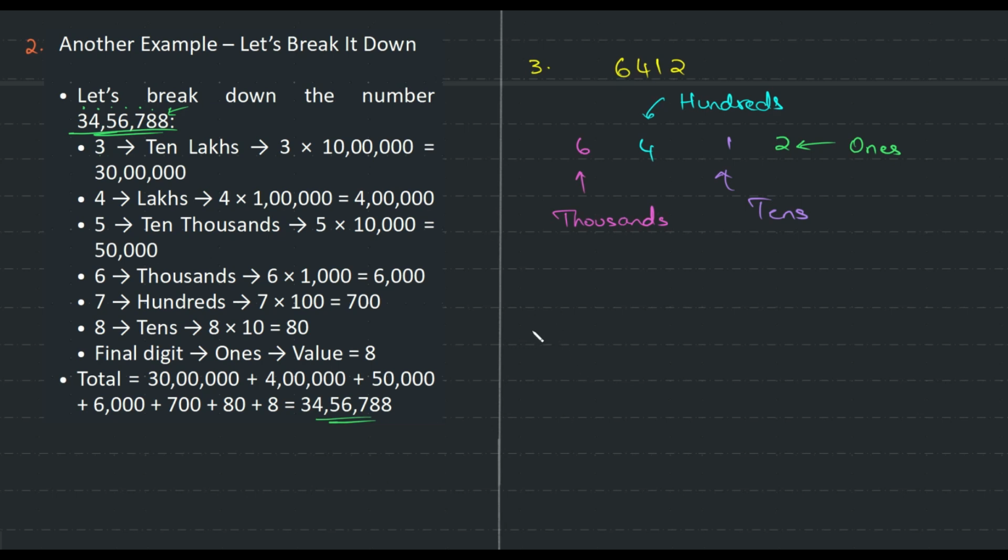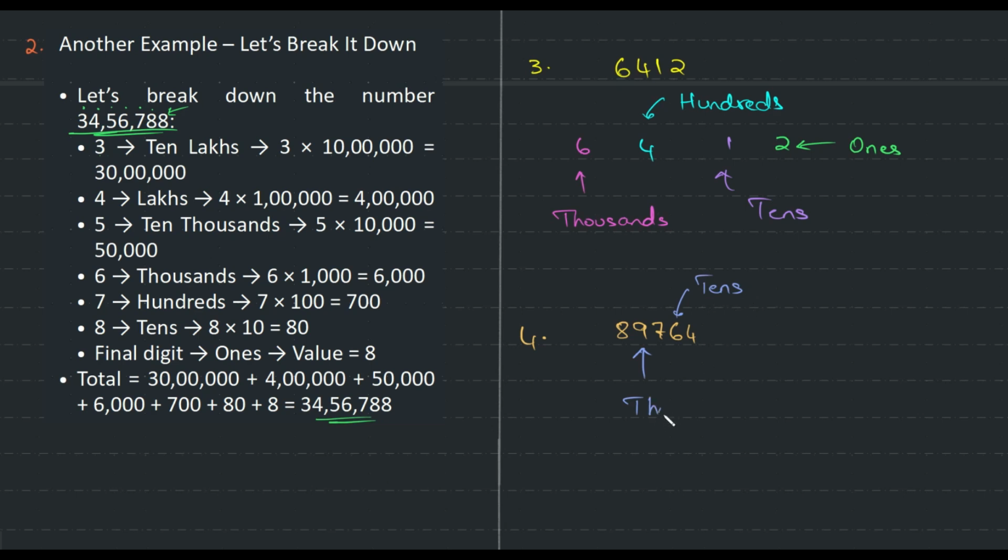Okay, so I guess one last question. Say you have 8, 9, 7, 6, 4. I think this is good enough. Now, let me take up 9. 9 is in which position? Correct, thousands. What about 6?